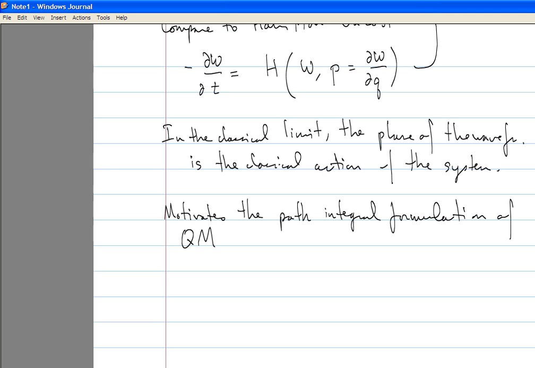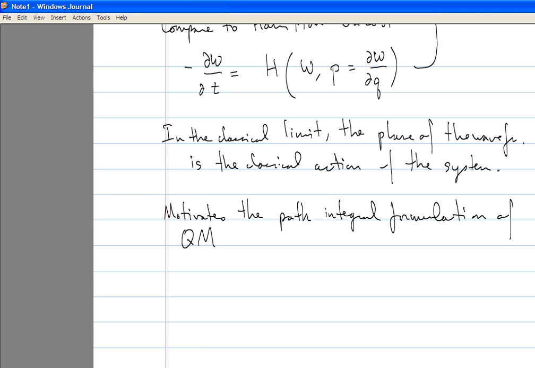Indeed, when we studied Hamilton's principle, we thought of the action as a function of all possible paths through configuration space. And so the action gives us a number for every path through configuration space.